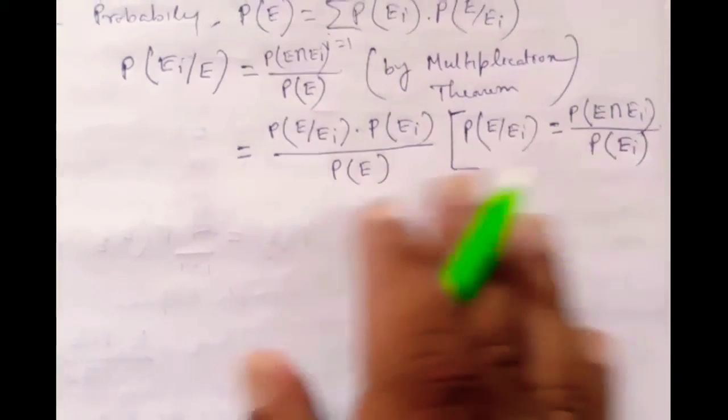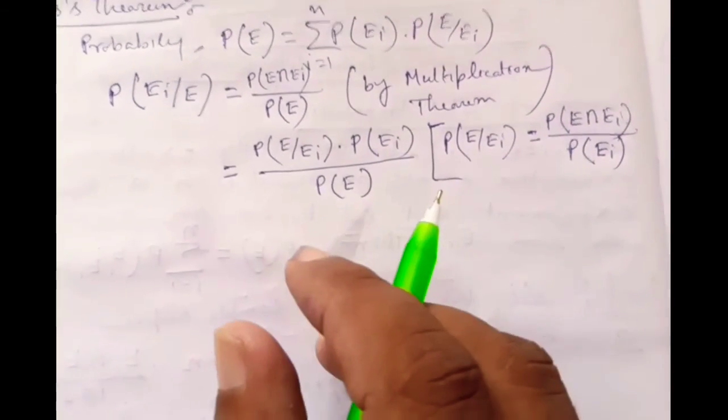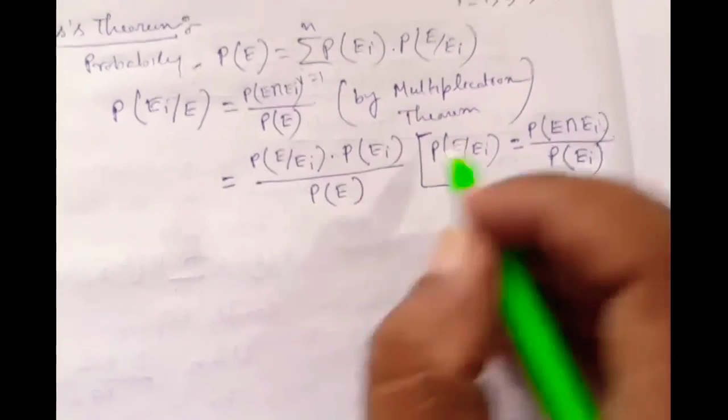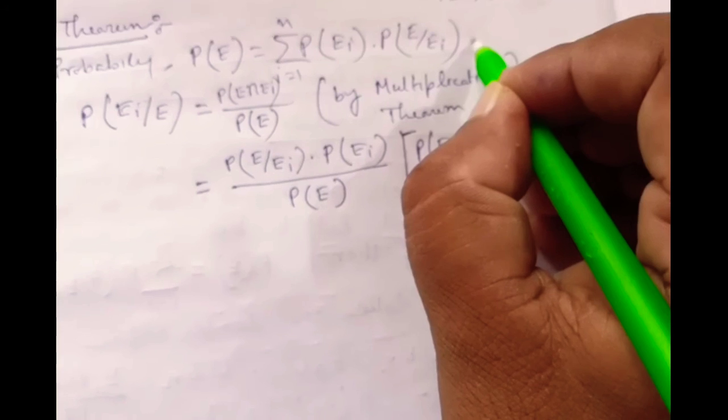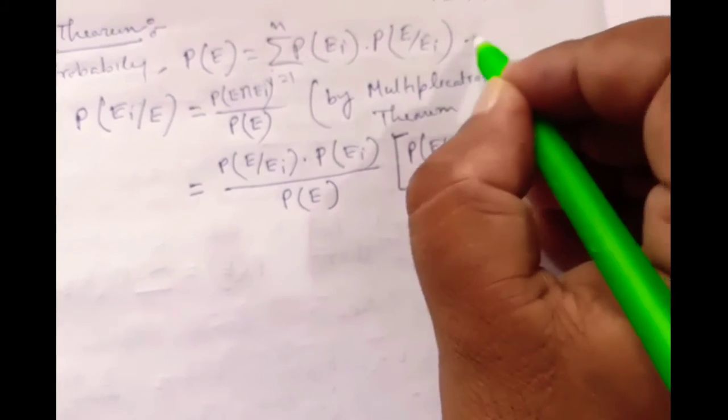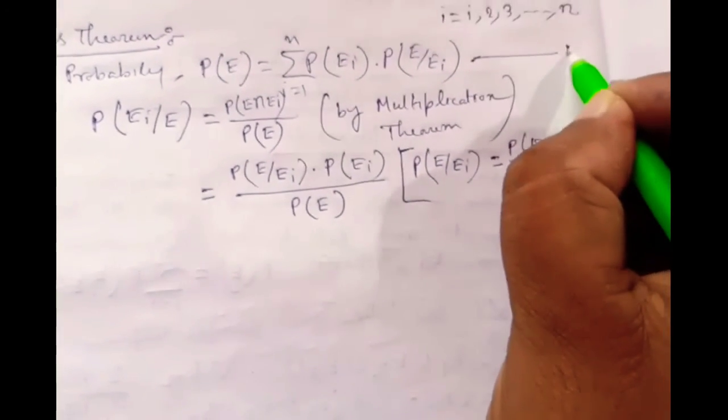Understood? Now this probability of E, this is my equation number 1.